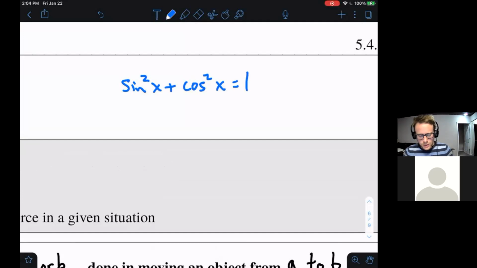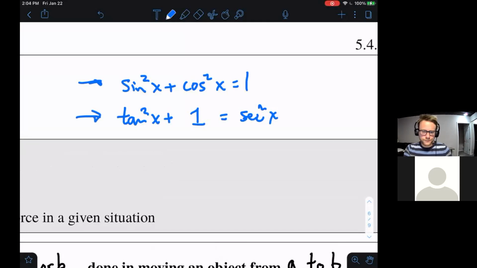And then you also need to know that if you divide through this by cosine squared, sine squared divided by cosine squared is tangent squared. Cosine squared divided by cosine squared is 1. And 1 divided by cosine squared would be secant squared. Those are the 2 big formulas that you would need to know as far as memorizing trig identities.